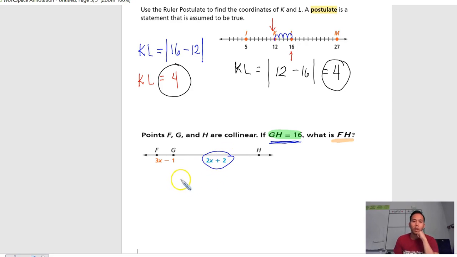So on step one, we have 2x plus 2 is equal to 16, because both of these represent GH as the length. The length of GH is 16, and the length of GH also can be represented as 2x plus 2.